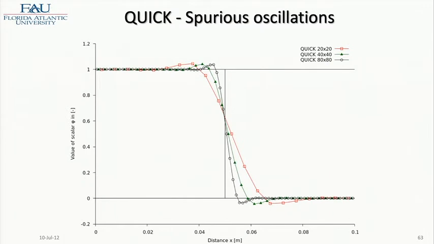All right, so there you have 20 points versus 40 points versus 80 points. The curve gets sharper, but the oscillation gets worse. Do you notice that? Red to green to black is actually getting worse. At some point it will level out. This is called Runge's phenomenon. Okay, so adding more points does not help.